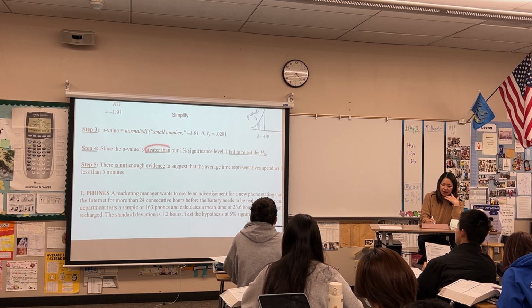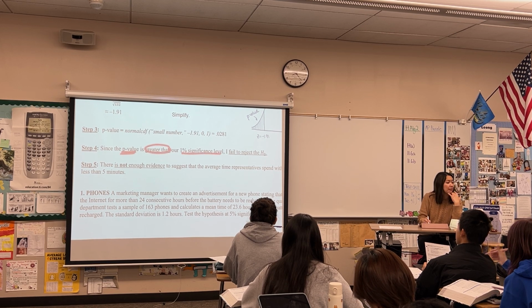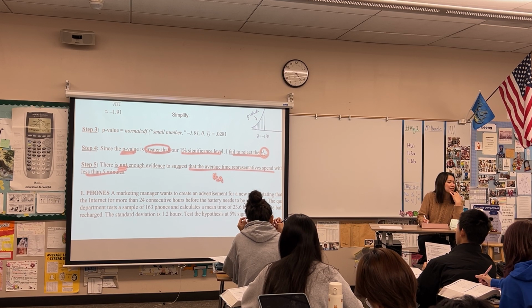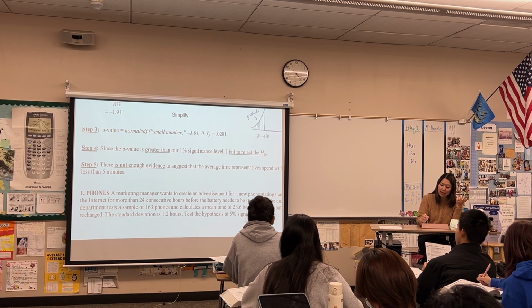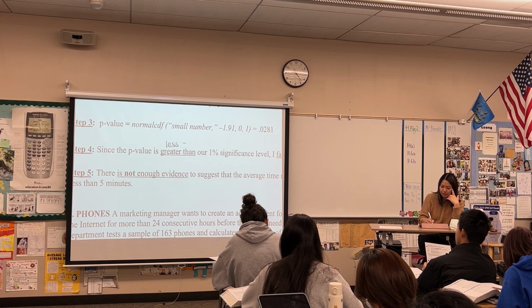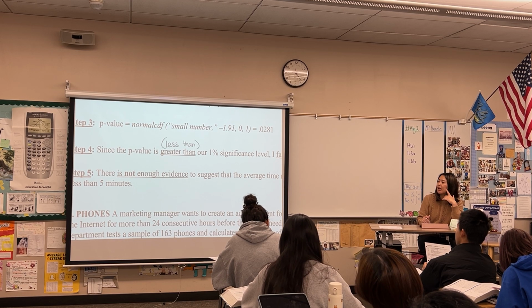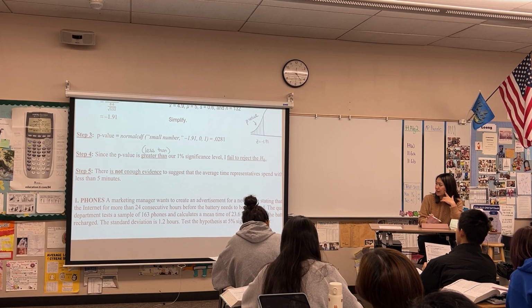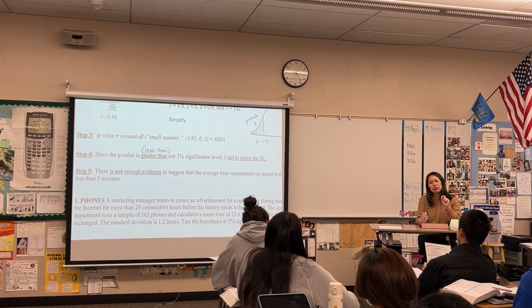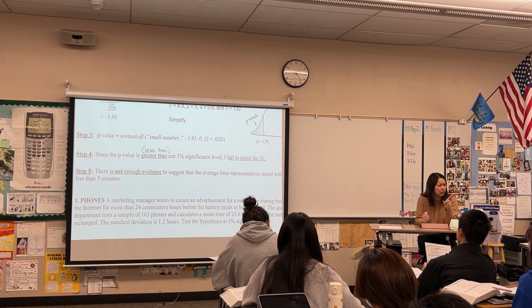If the p-value is greater than the significance level, you fail to reject the null hypothesis. There is not enough evidence to suggest this alternative hypothesis. Okay? Hypothetically, if the p-value was less than the significance level, then that sample would be weird enough for you to say, hey, this sample is super unlikely to happen if that null is true.